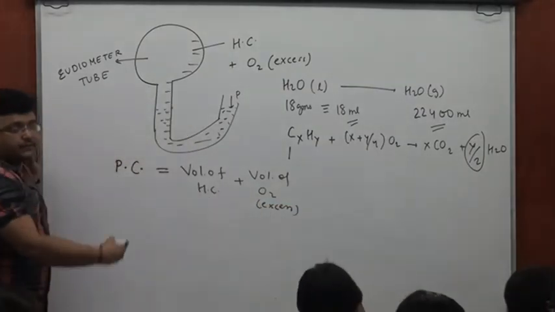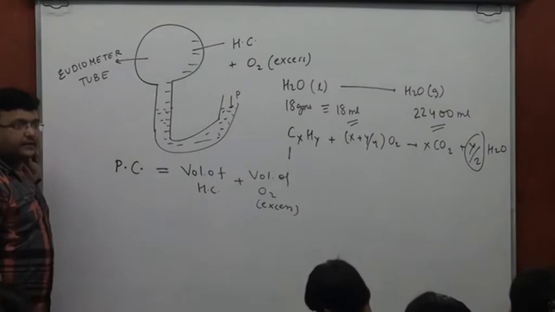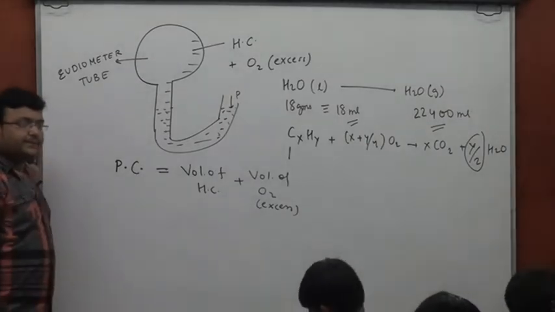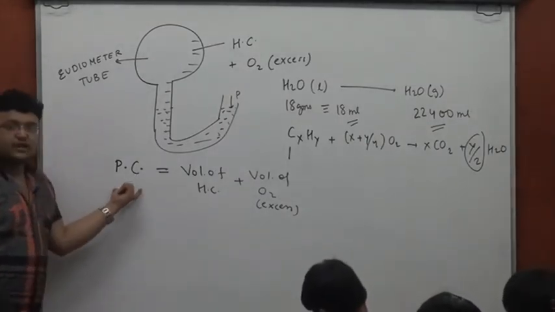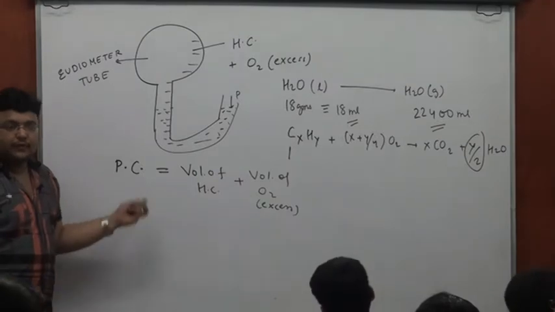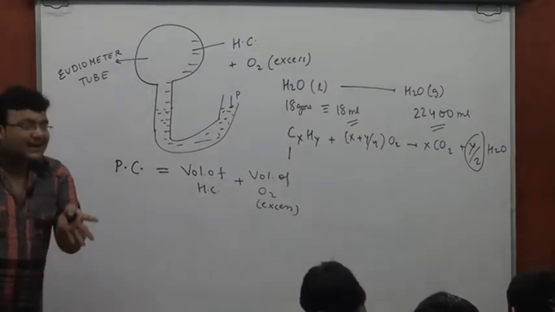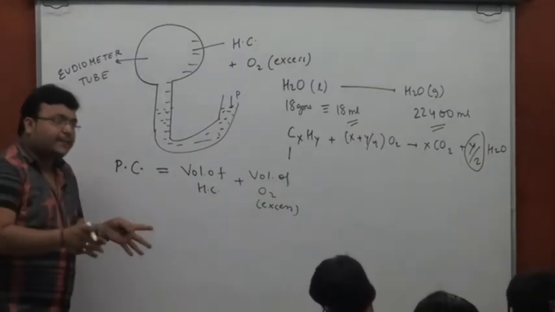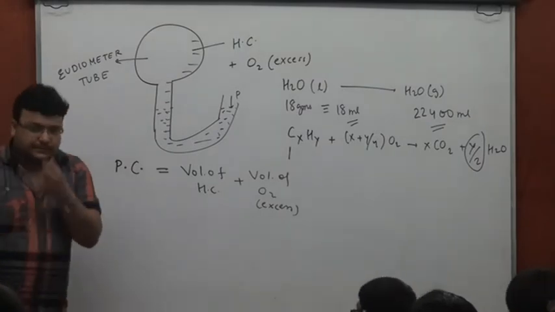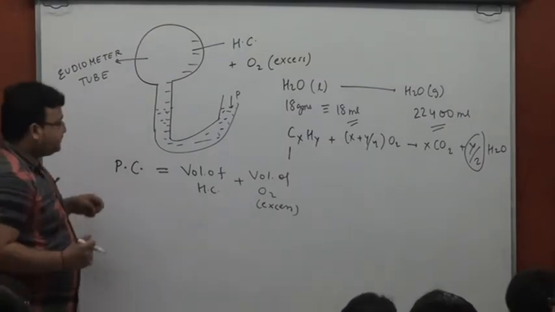This was the initial volume of the hydrocarbon and the excess oxygen. I repeat, a change in volume will be what you started with minus what you are left with. A change will always be initial minus final because it's contraction.